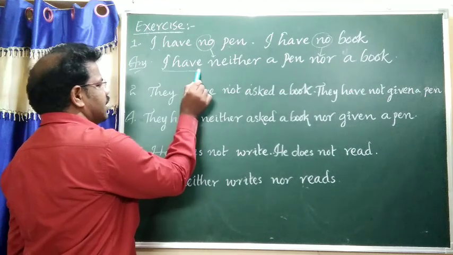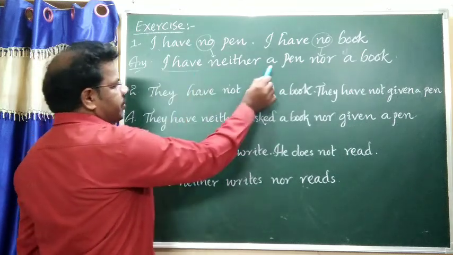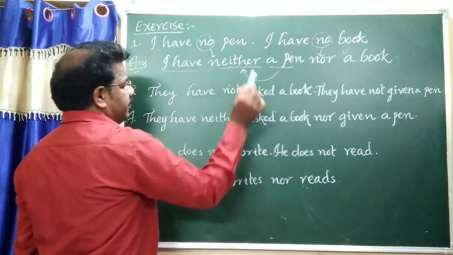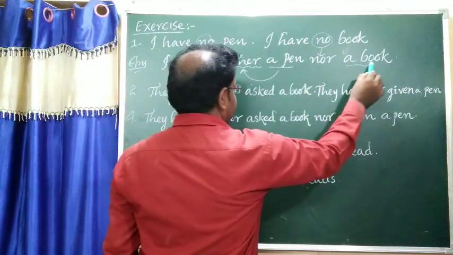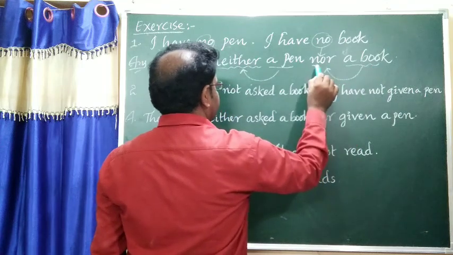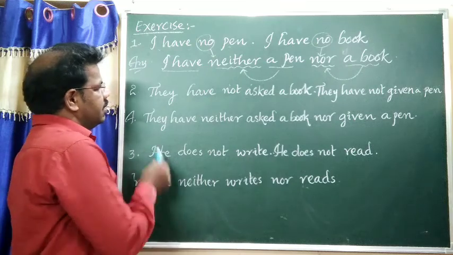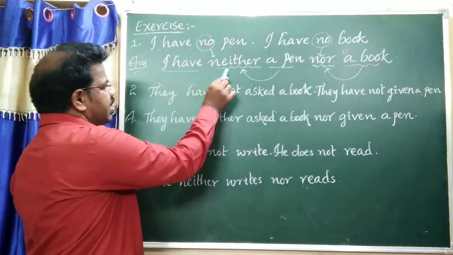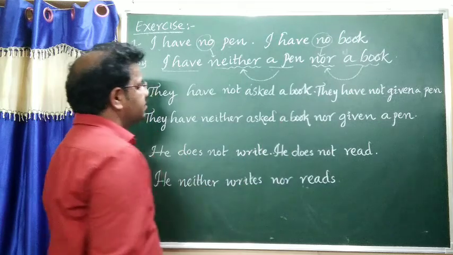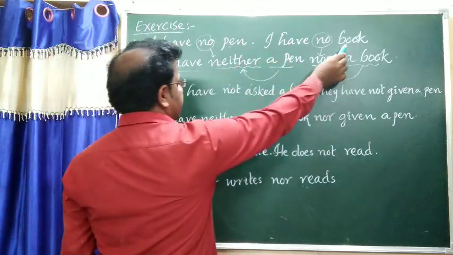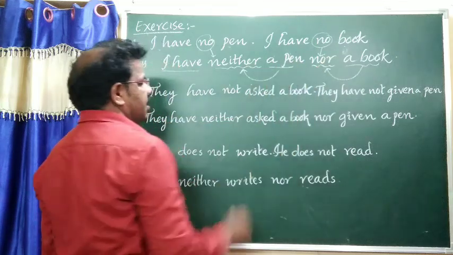Before one uncommon word, we have written neither. Before another uncommon word, we have written nor. Then the answer is, I have neither a pen nor a book. Here both are singular, so we may use a.